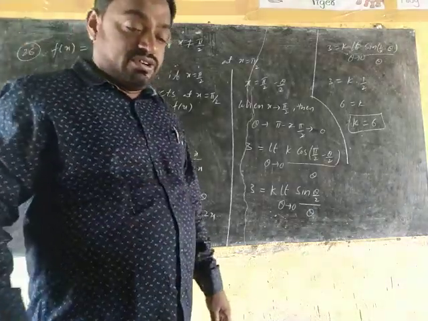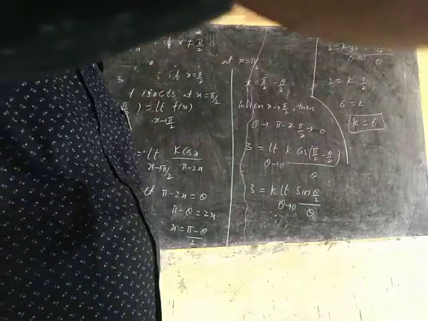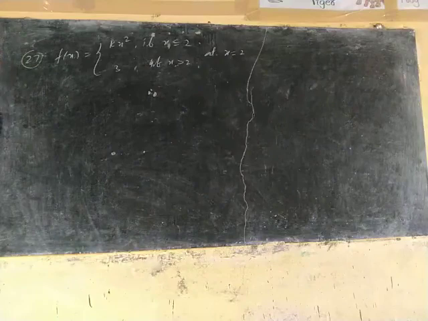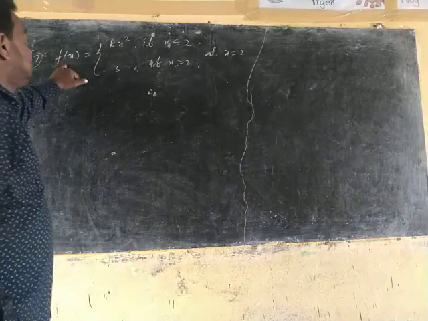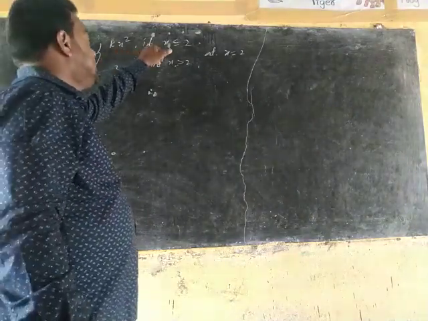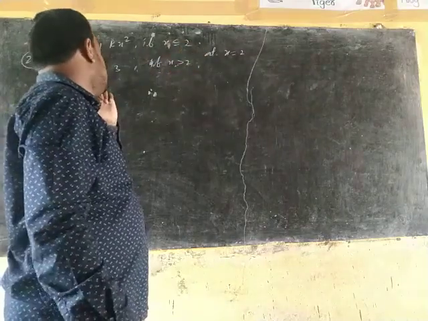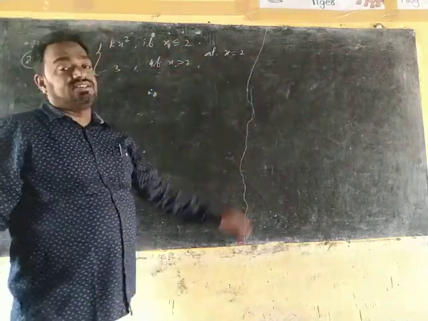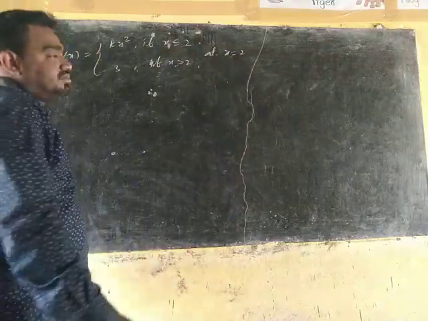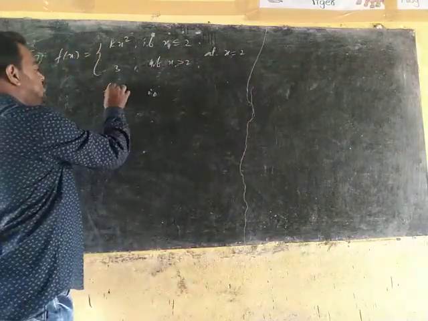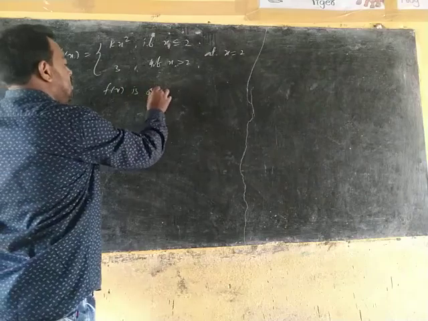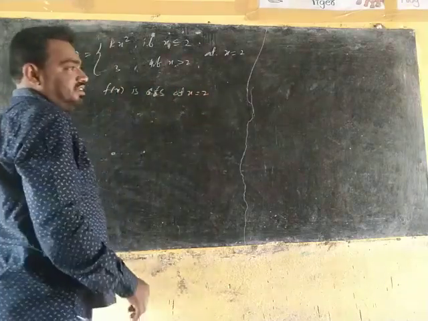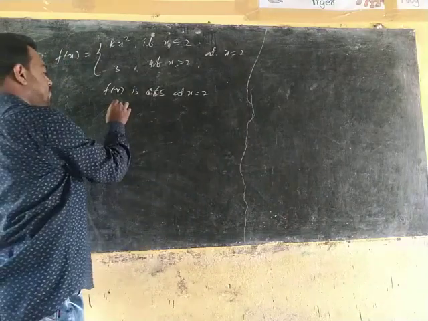Next, the 27th question. f of x is equal to kx square if x is less than or equal to 2, and 3 if x is greater than 2. It is continuous at x equals 2.